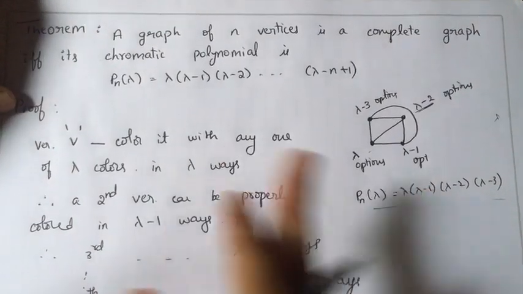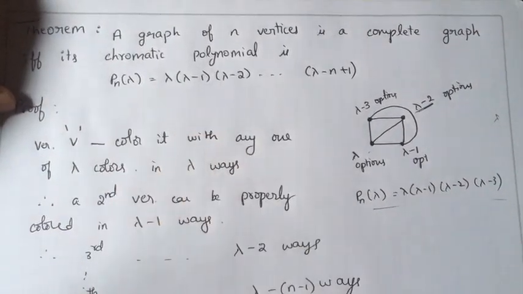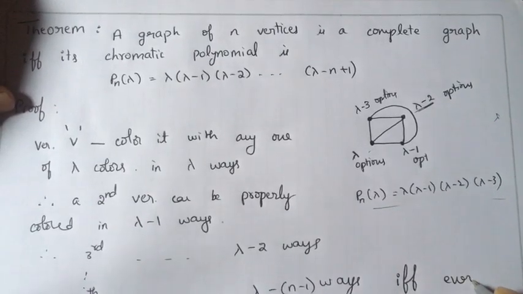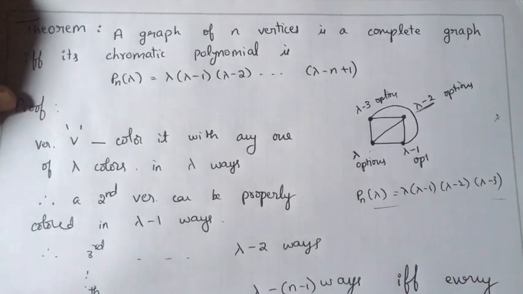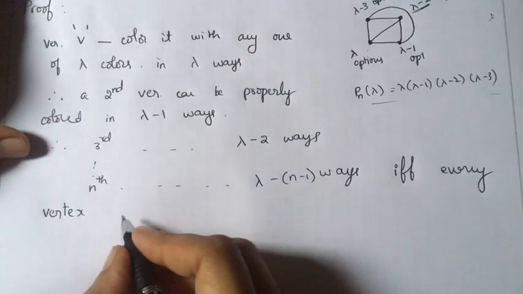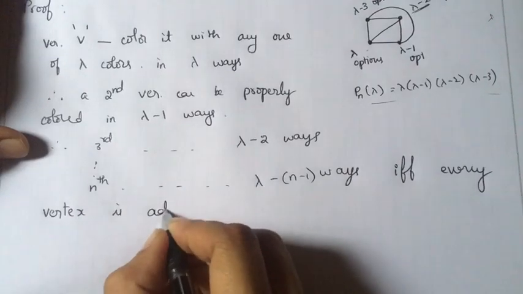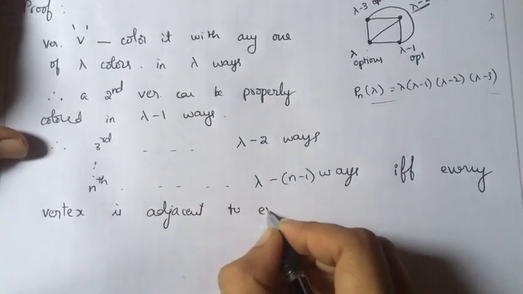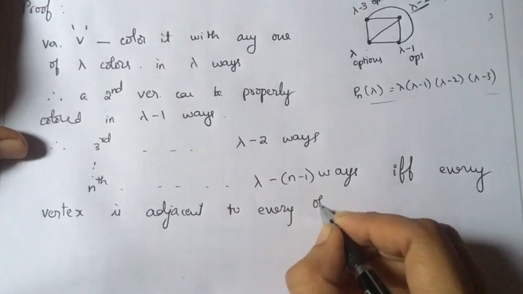This way of coloring is possible if and only if every vertex is adjacent to every other vertex.